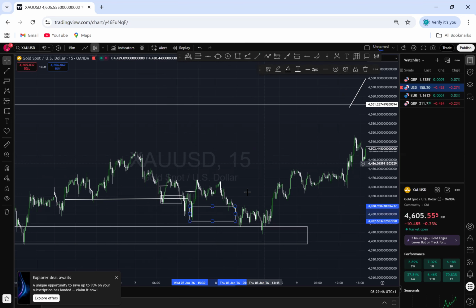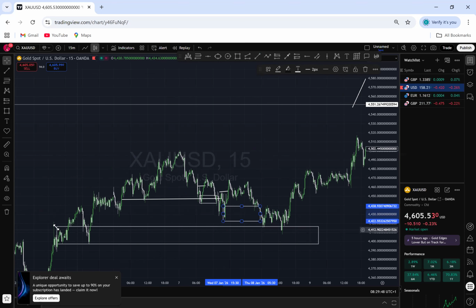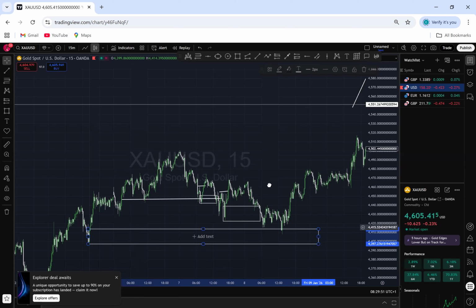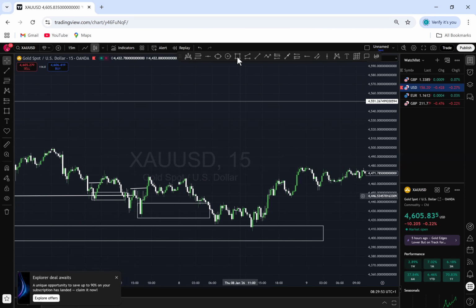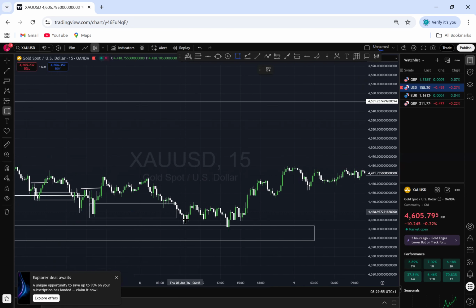Do you get the point? But if you really know what you are doing, you would have known that this is the area to watch. In fact, when this one even happened here, you would still have marked out an area like this and price will react and still take you out.